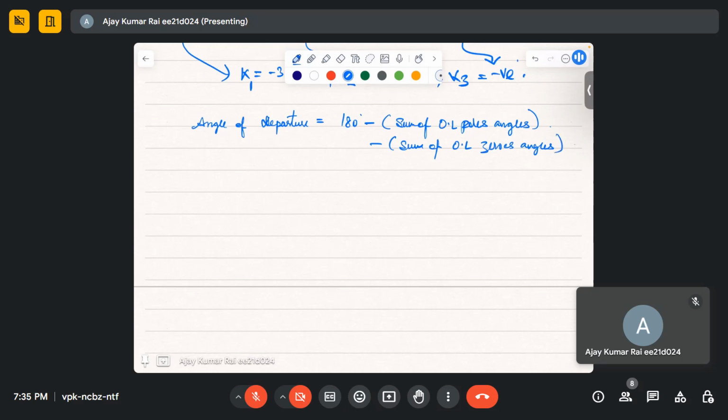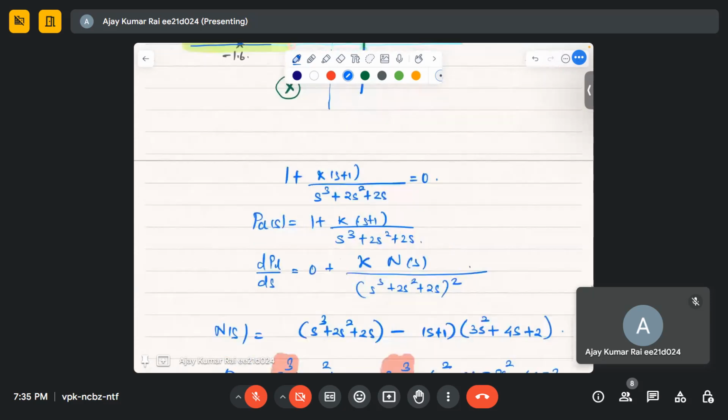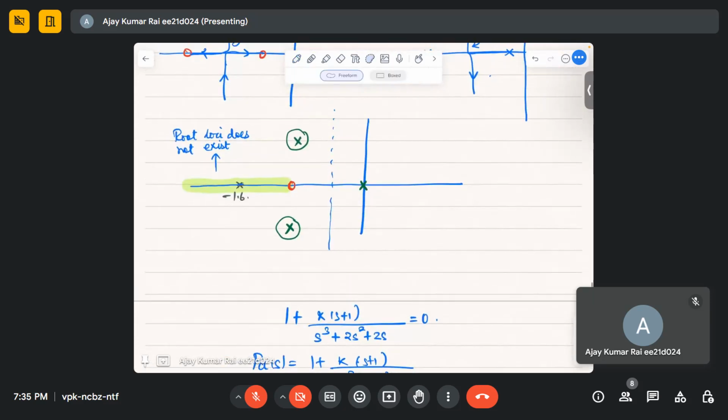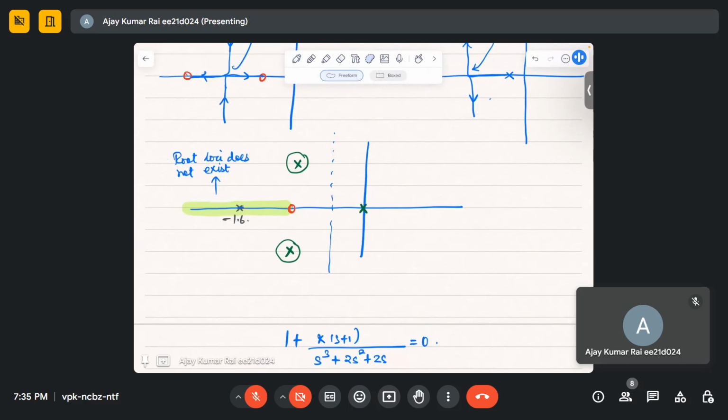So what I'm saying is, I'll mark the angle and tell you. Let's assume you want to calculate the angle of departure for any one pole. Let me mark that. Let me name this: this was pole 1, this is pole 2, and this is pole 3. So let me copy this.